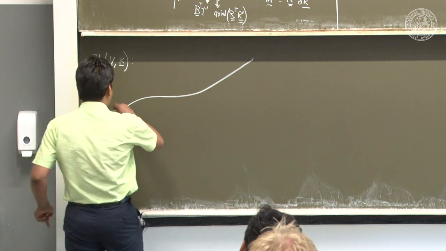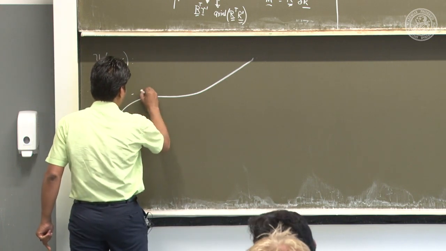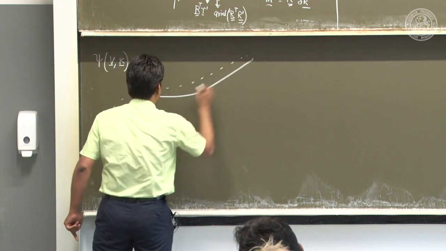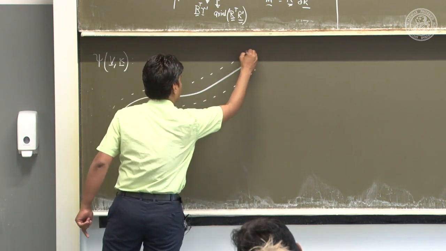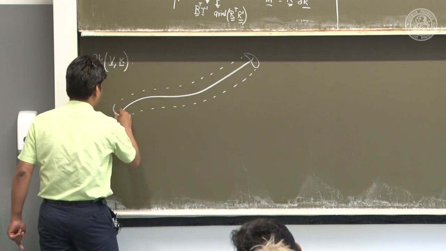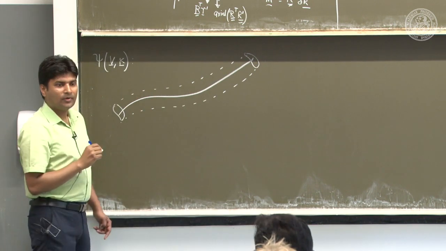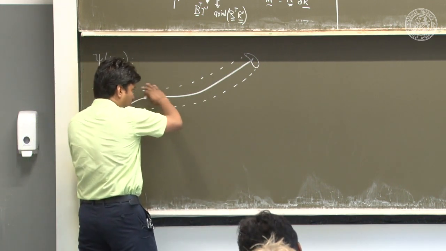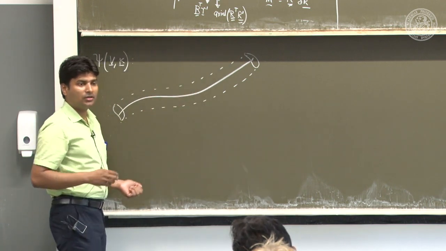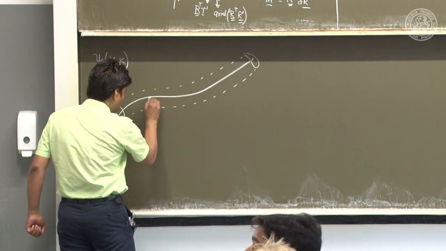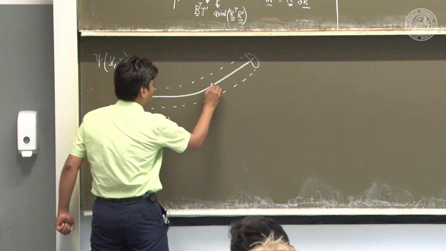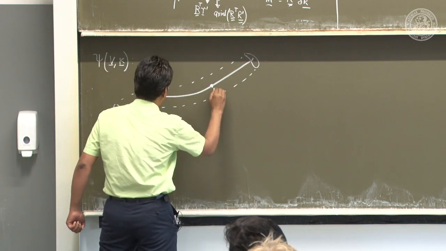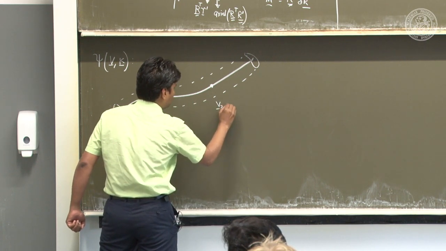If you think of your rod, which has some V and K along its arc length. So, maybe over here it has V1 comma K1, and over there it has V2 comma K2.